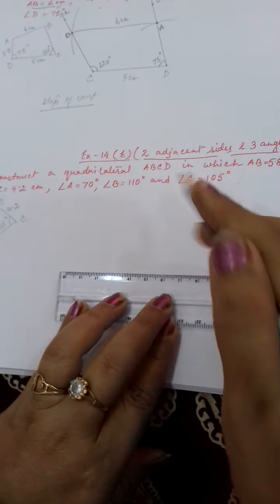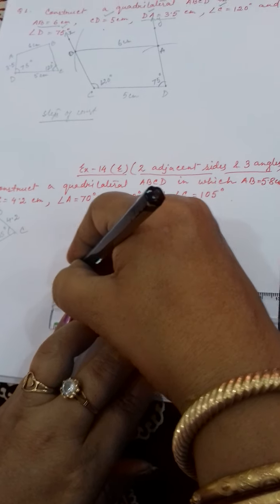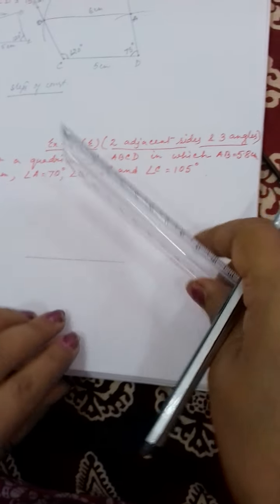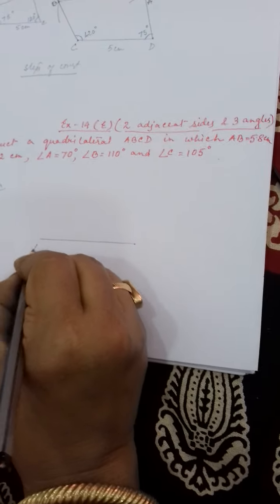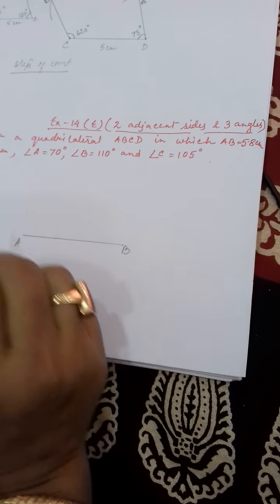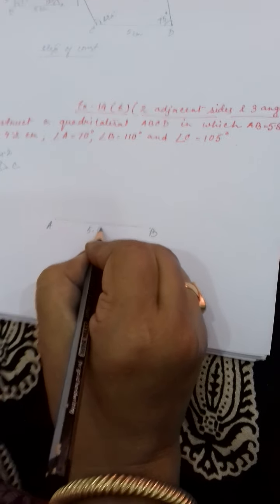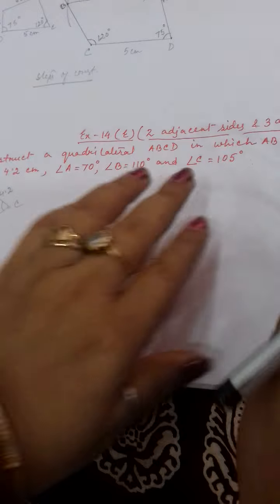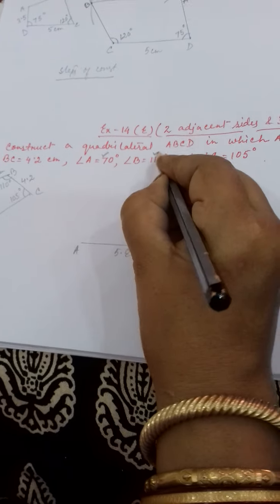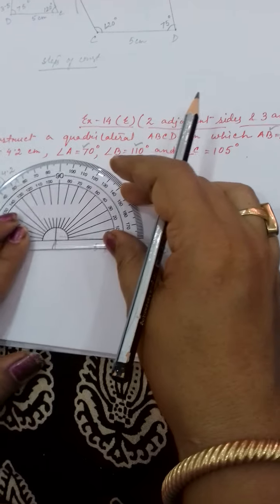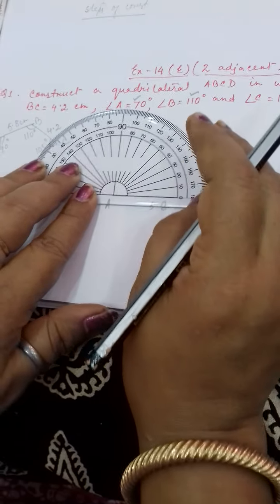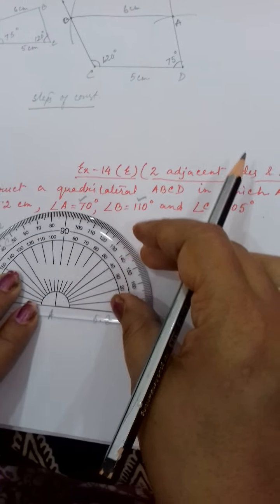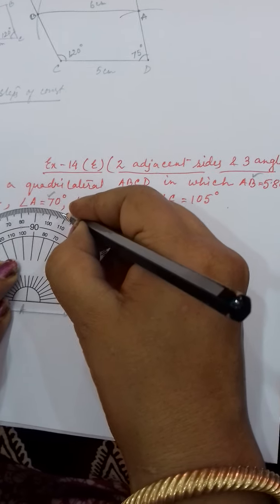So I am considering AB here. AB is 5.8. Clear? After considering AB 5.8, now what will you do? You construct two angles, angle A 70 degree, and angle B 110 degree. Clear? So angle A 70, you consider 0 from this side.